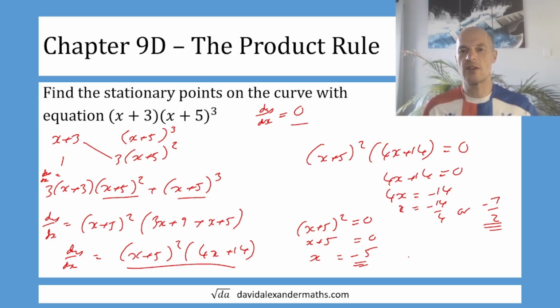Now for the y values, we just need to substitute it in, so minus 5 plus 3 is minus 2, let me just make a note of that, so minus 2 multiplied by minus 5 plus 5 is 0.